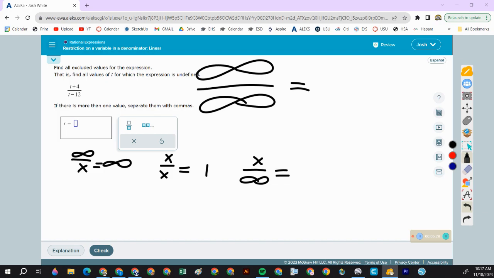If I have a rope of length x and I divide it by infinity, how long is each piece? So I take a rope of some known length and I chop it into an infinite number of pieces. How long is each piece? 0. So this is a bit of a problem. Anything over itself is 1, but anything over infinity is 0, and infinity divided by anything is infinity. So which is it? It can be any of the 3. It just depends on how big your infinity is.